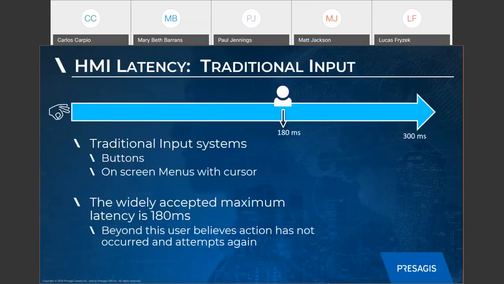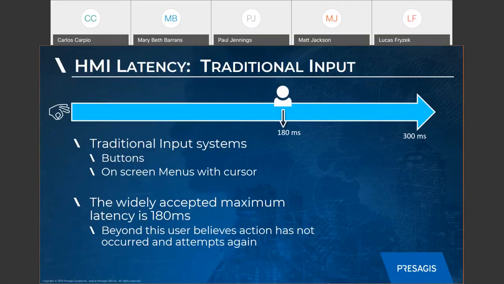So in a traditional system, where we had physical devices like keyboards or buttons or even cursors with mice or trackballs, typically if you're using a system like that with a button, so a discrete input, you're looking to ensure that the user sees a response within 180 milliseconds.